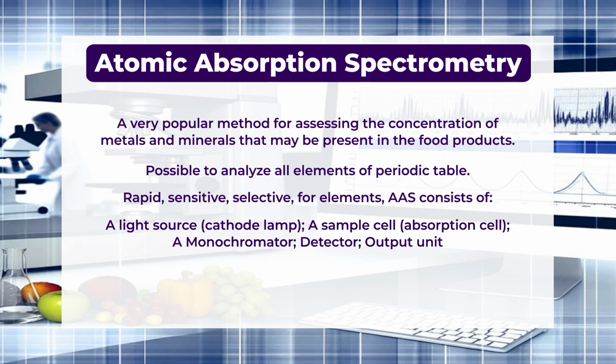First, the light source. We are doing spectrometry, so a light source has to be there. In this case, the light source is a cathode lamp, in fact the hollow cathode lamp. Why the cathode lamp? Because it supplies the radiation of the same element which we are analyzing.